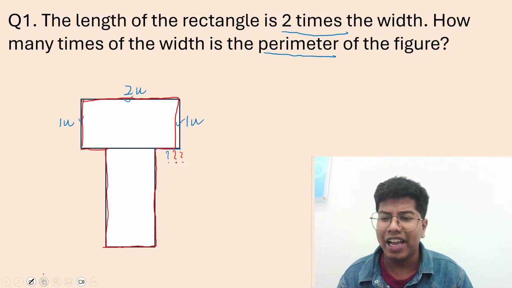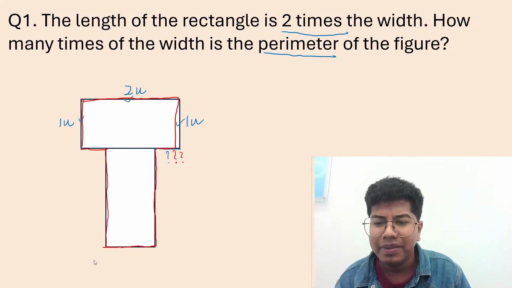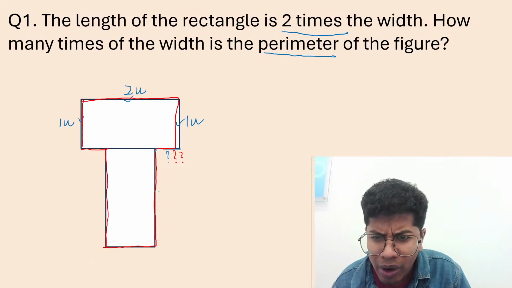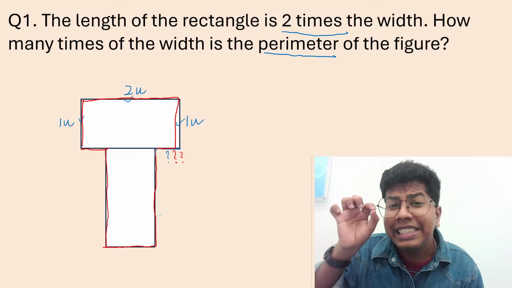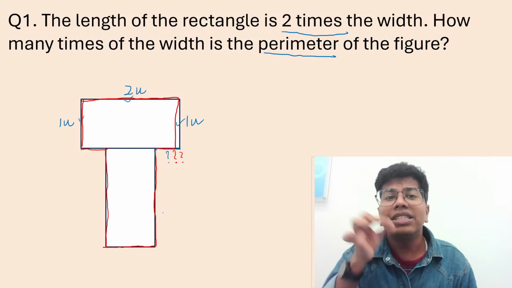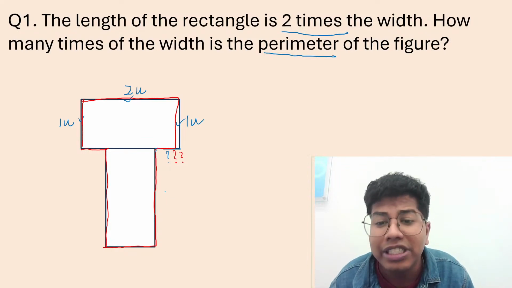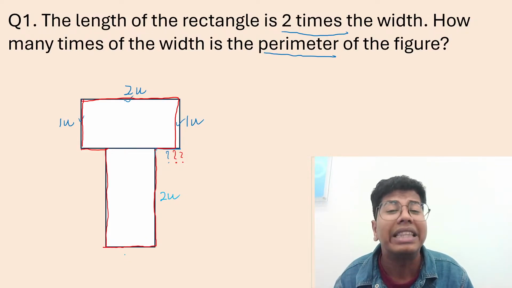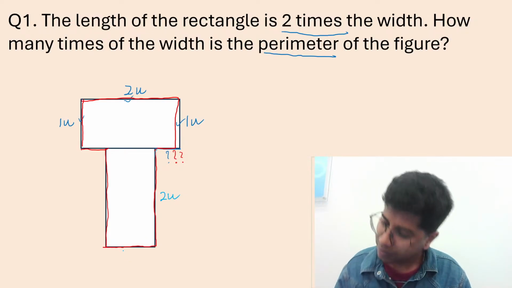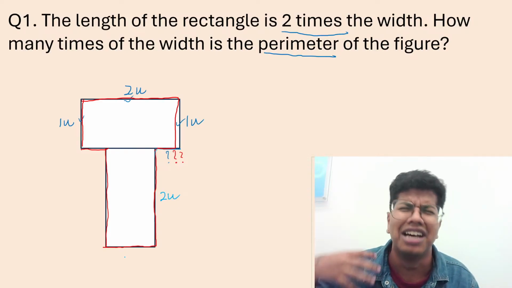Now let's just figure out which other values do we know. Let's see this one. What is the value of this part? Oh, the question says that the length is 2 times and length we know it's 2 units. So I can mark it as 2 units. Now comes the width again. So width is how much? Perfect. Width is just 1 unit.